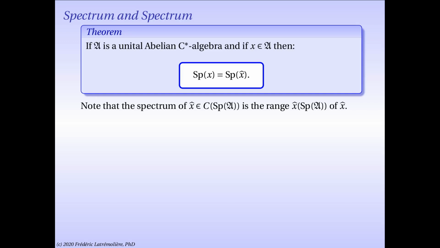Now note that the Gelfand transform of an element is a complex-valued function on the spectrum, so its spectrum is actually its range. So this is a very interesting theorem, and let's have a look at its proof.